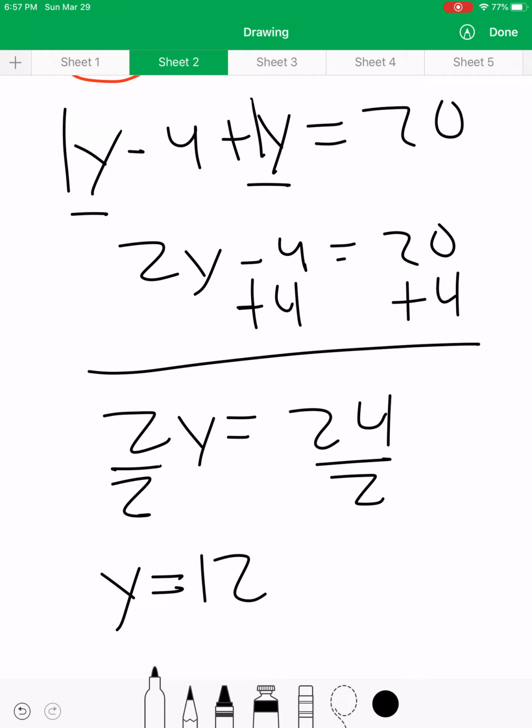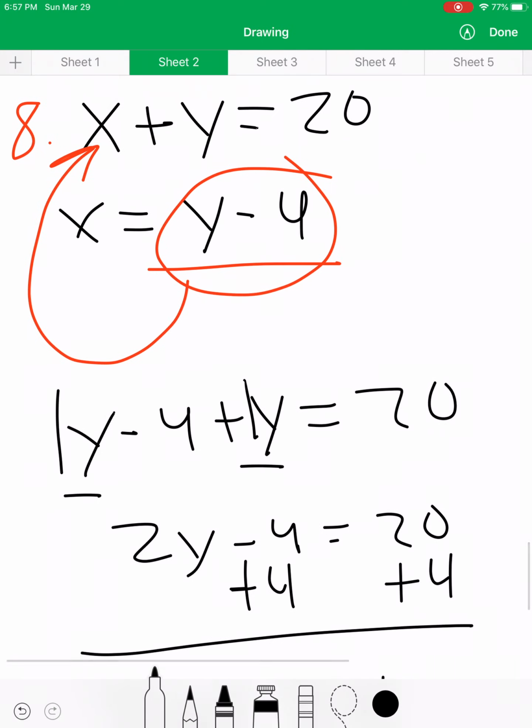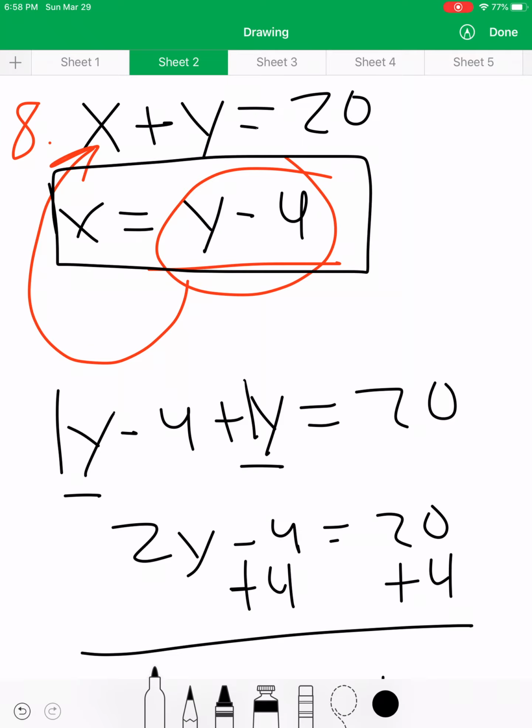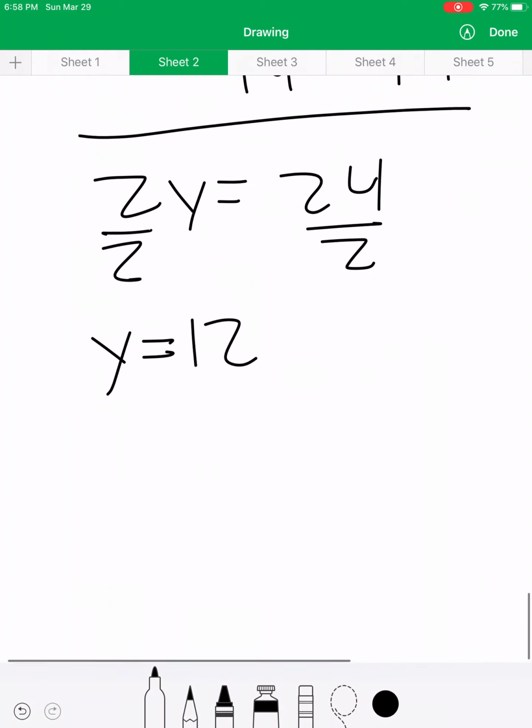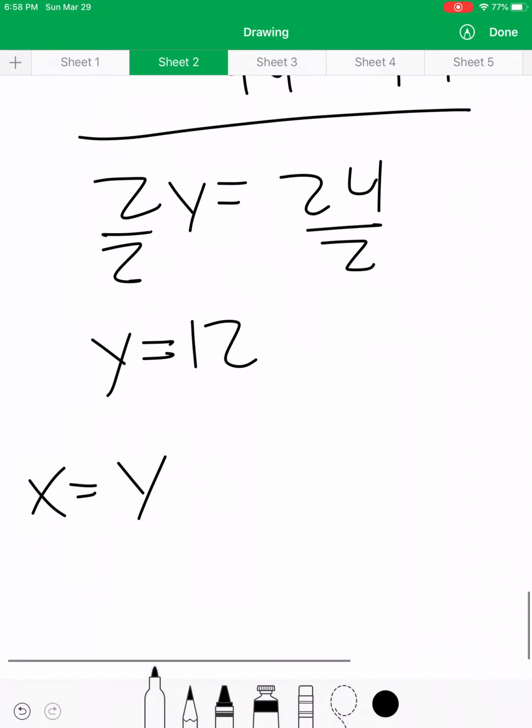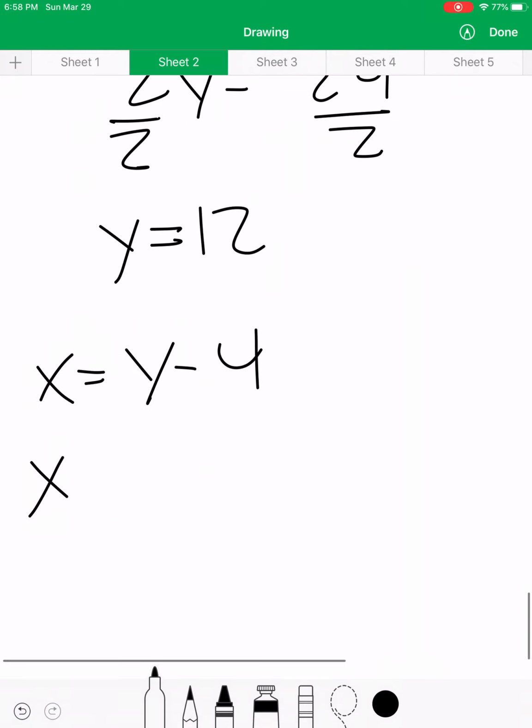Now once you know what y is, you take that answer and you substitute it back into either of your equations. Now you're told that x equals y minus 4. So why don't we substitute y in for this equation right here. X equals y minus 4. Substitute 12 in for y, and you get x equals 12 minus 4.